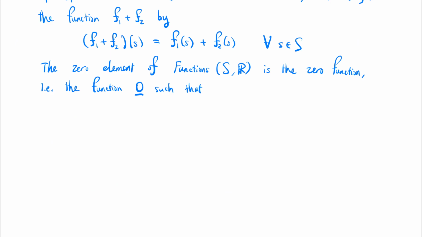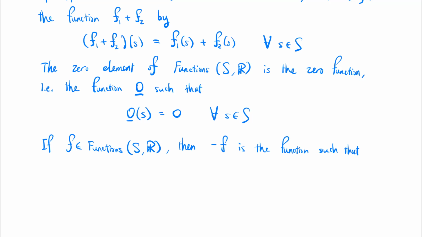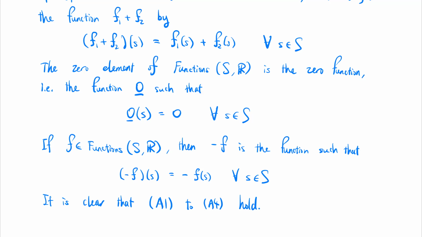The zero element of these functions is the zero function, that is, the function 0 such that 0(s) equals 0 for all s in S. If f is a function from S to the reals, then negative f is the function such that (negative f)(s) equals negative f(s) for all s in S. It is clear that A1 to A4 all hold according to these definitions.